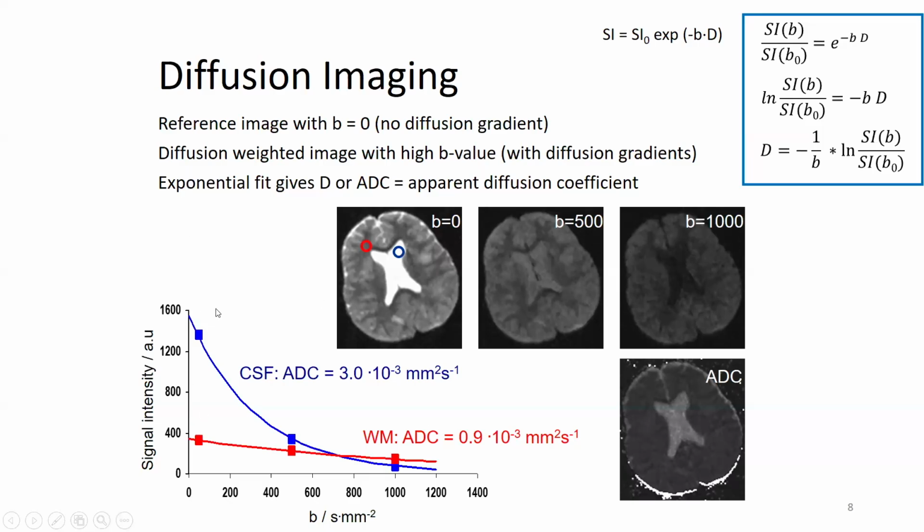So the ADC is the fitting through these points. I can calculate it from it. But it's not the average, because the signal intensity of the B values itself doesn't give any information, but the computation using these images gives the ADC.